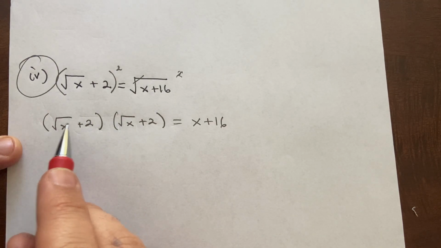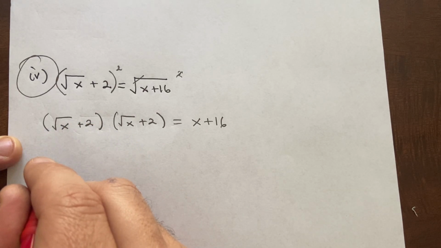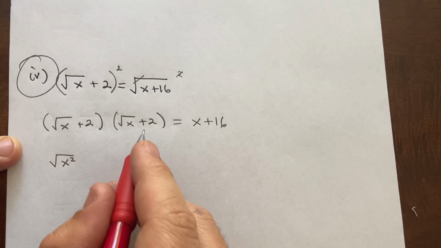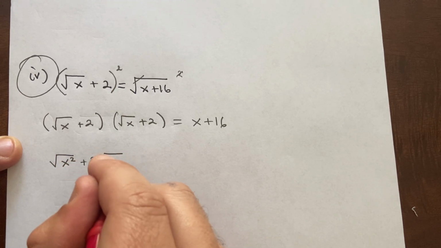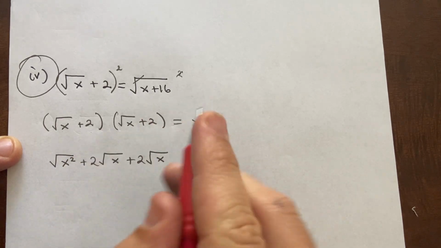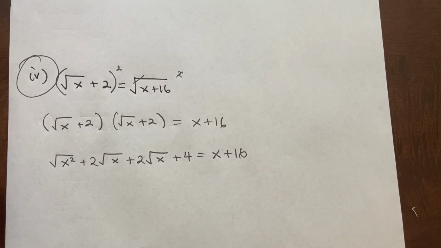Right, foiling this out now. So root x times root x, that'll be the square root of x squared. Root x times 2 is plus 2 root x. 2 times root x is 2 root x. 2 times 2 is 4. And I still have x plus 16 over here on the right.